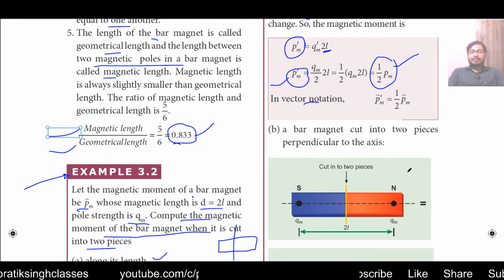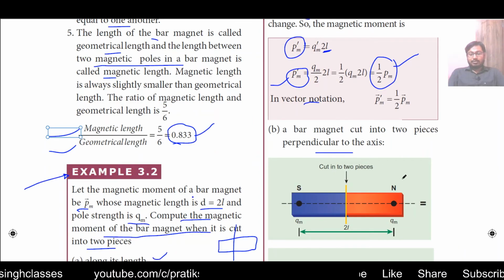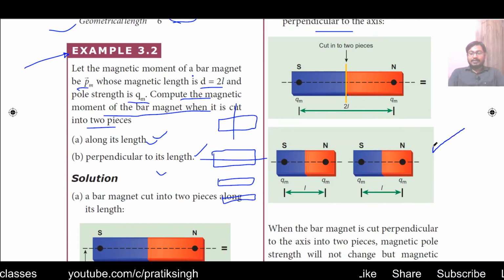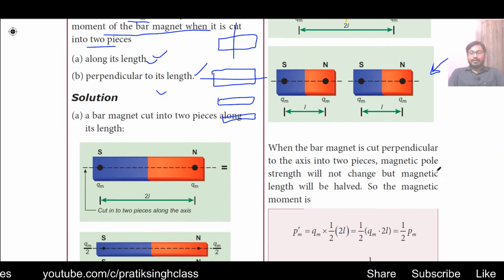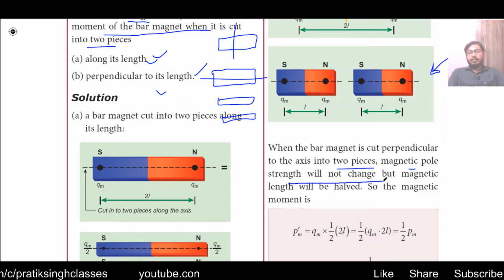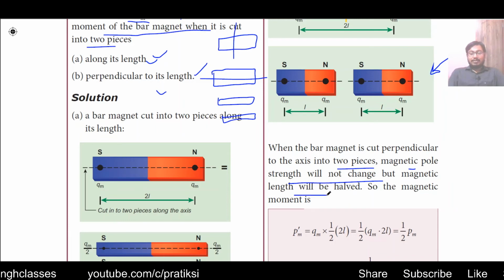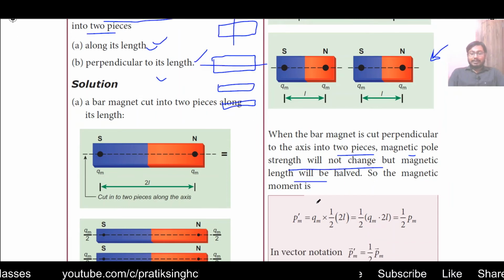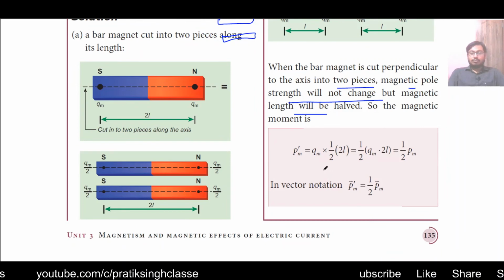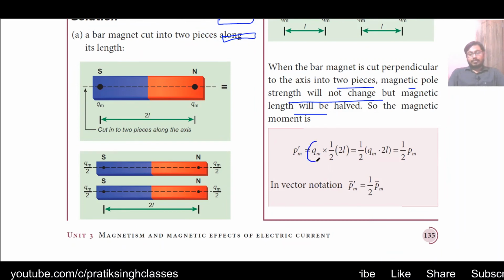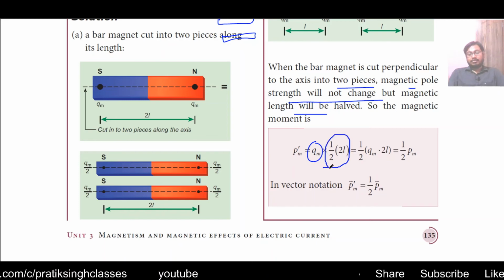When it is cut into two pieces perpendicular to the axis, it will become like this, two smaller magnets. When the bar magnet is cut perpendicular to the axis into two pieces, the magnetic pole strength will not change, because its length remains the same, but the magnetic length will be half. So the magnetic moment is given by P'm equals Qm into half of its magnetic length.